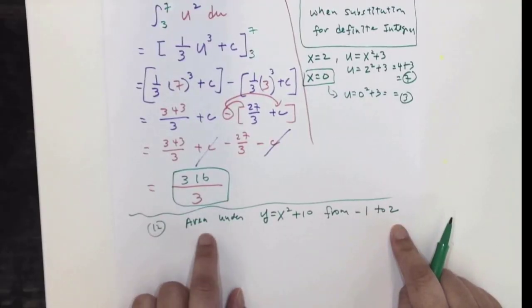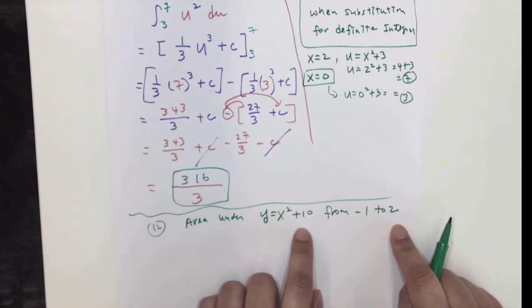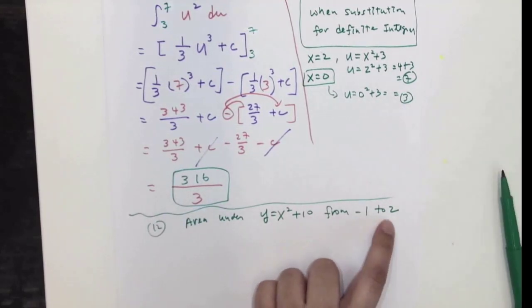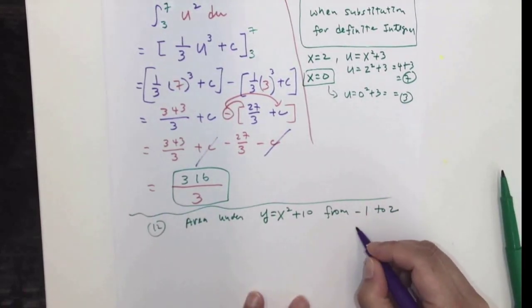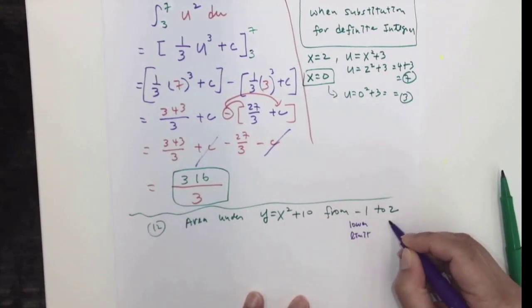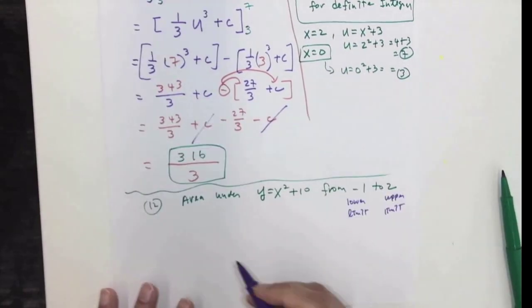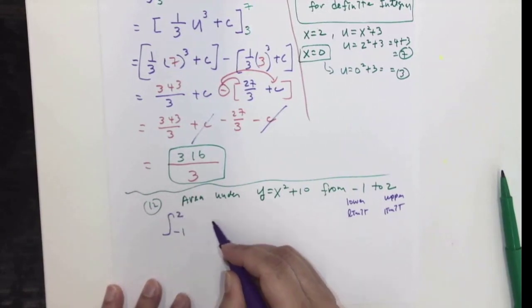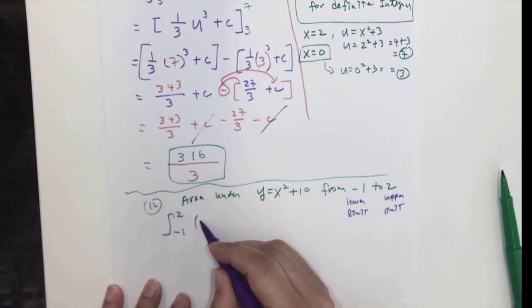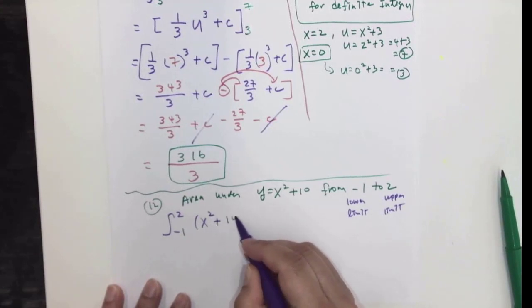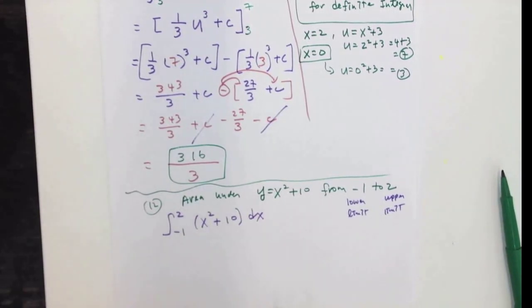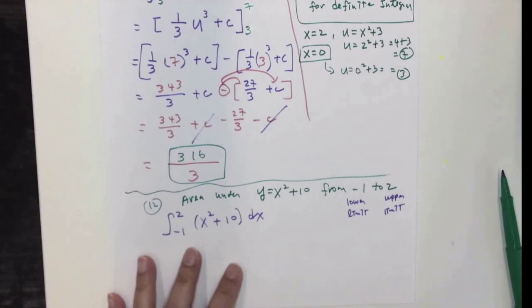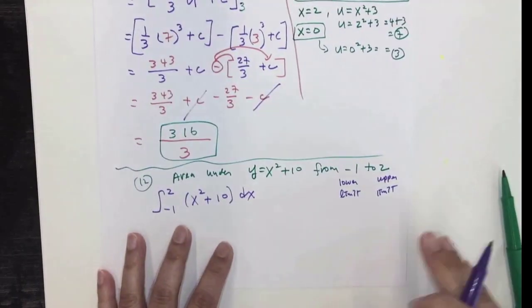When they ask for the area under the curve, it's going to be an integral, from the lower limit to the upper limit. This is the lower limit. This is the upper limit. Let's do the integral. Lower limit is -1, upper limit is 2. The function is x squared plus 10 dx. When you take the integral of a function, you will get the area under the curve.